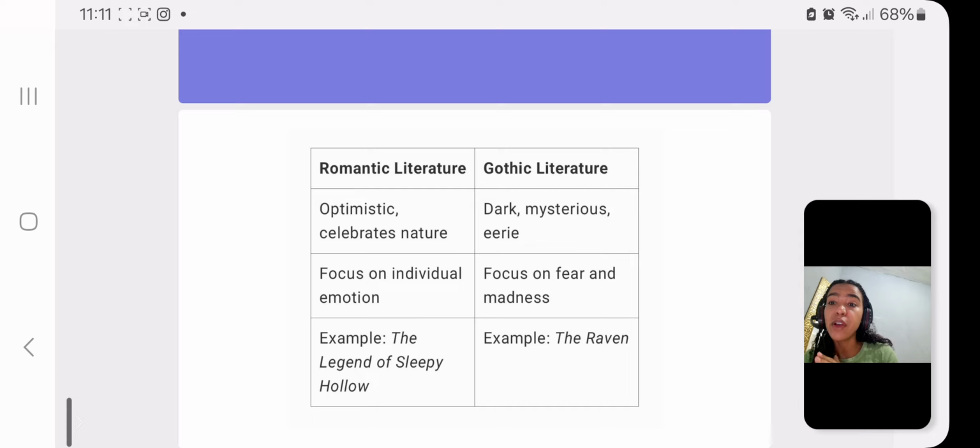Romantic literature focuses on individual emotions, while Gothic literature focuses specifically on the emotion of fear and madness. One example of Romantic literature is The Legend of Sleepy Hollow, and of Gothic literature, The Raven, as we read today.